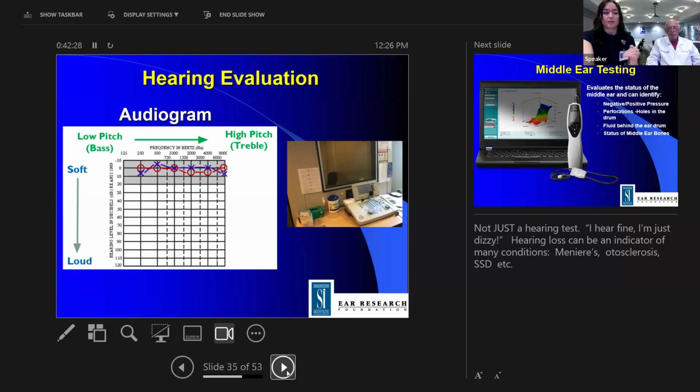So does the type of hearing loss that you have indicate any sort of pathology like Meniere's disease or something like a canal dehiscence, where there's a hole in one of the canals? We also want to see what the type is. So is your hearing loss in your inner ear only, or is it somewhere else in the system? And then we'll also want to see if there's any kind of asymmetry between the ears that could indicate that one ear has been affected, but not the other.